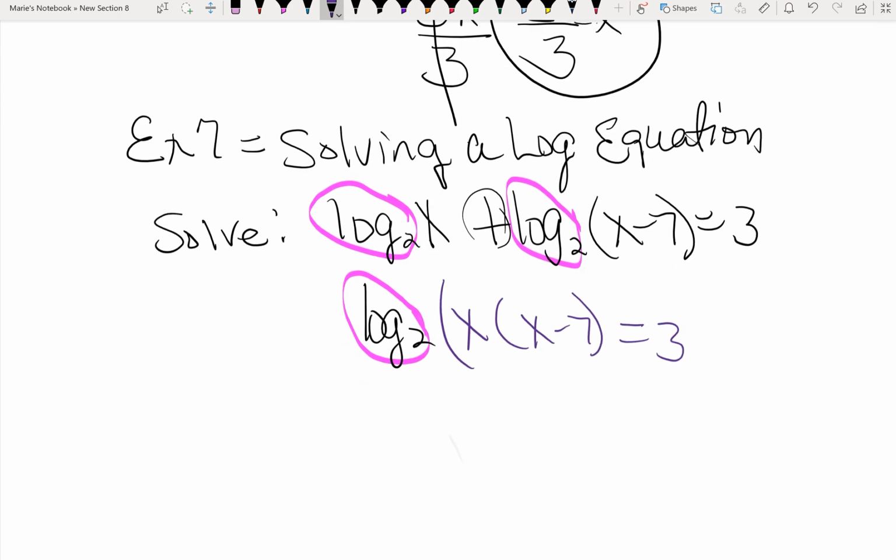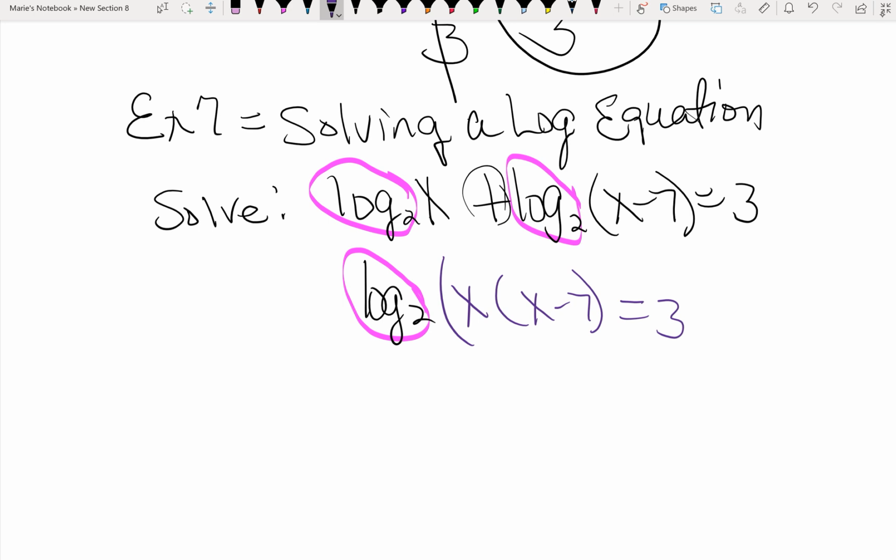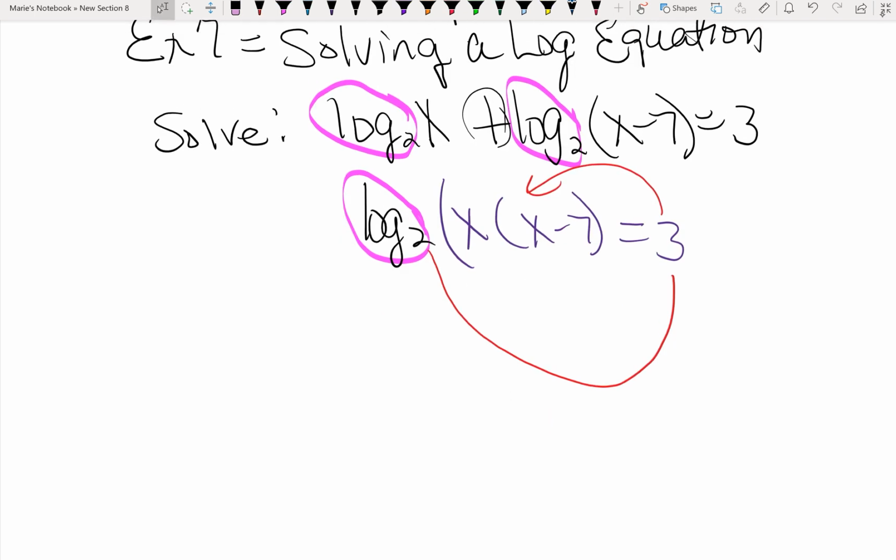As crazy as this may sound, all you're going to do is apply that backward c. So 2 to the third is equal to all this. Let me write it out: 2 to the third is equal to x times x minus 7.